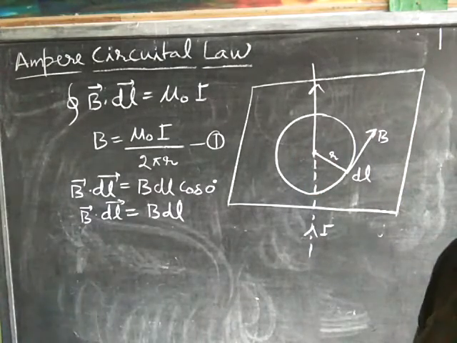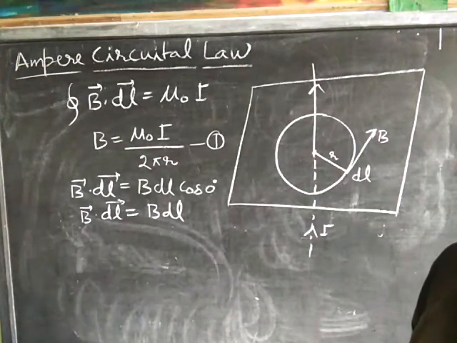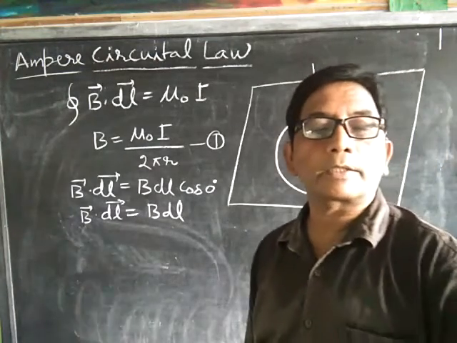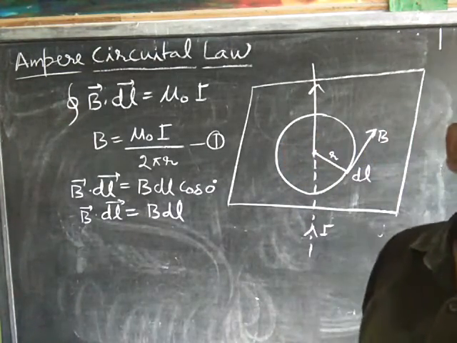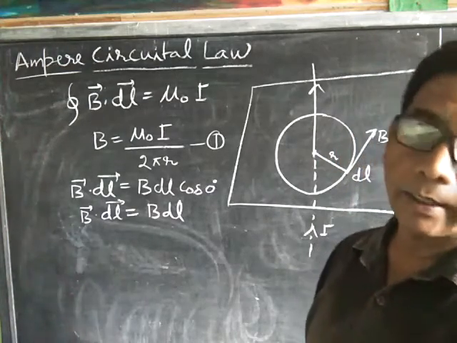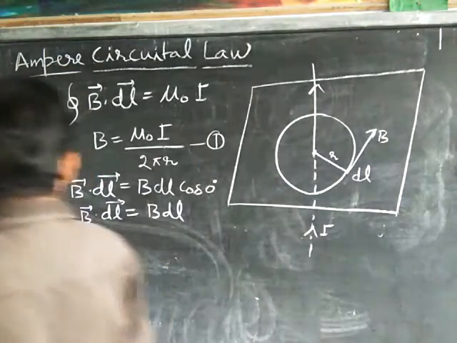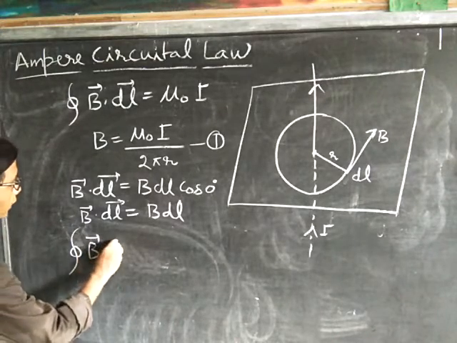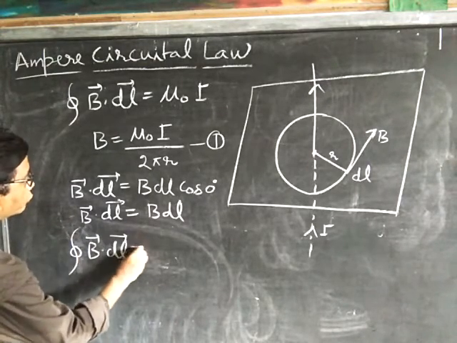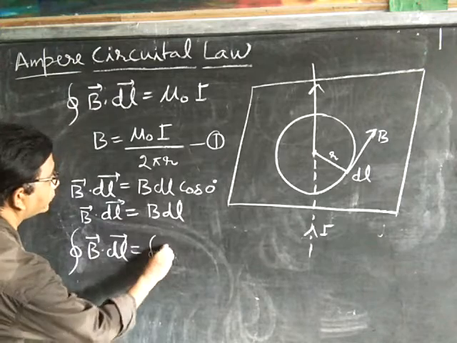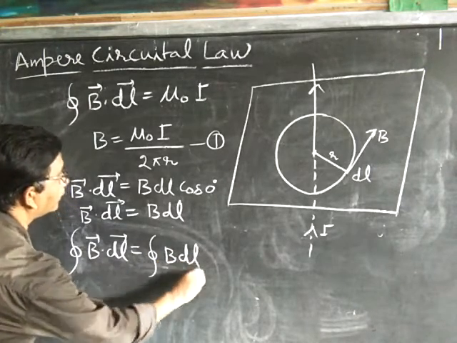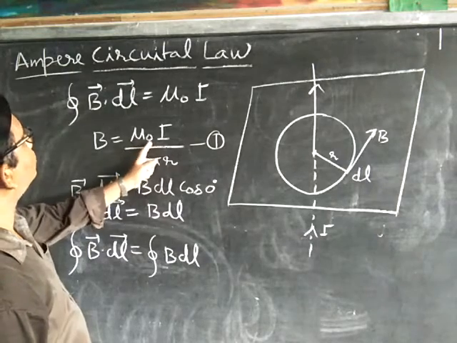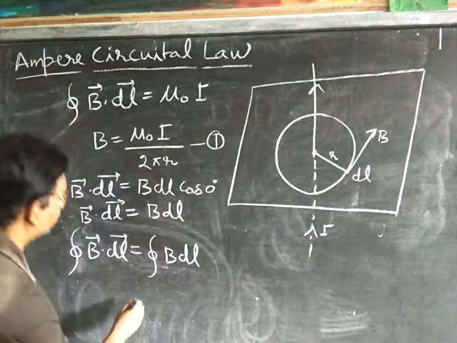Taking the line integral of the magnetic field B around the complete circular path of radius r, B dot dl is equal to B dl. Now we put the value of B, which is mu 0 I upon 2 pi r.